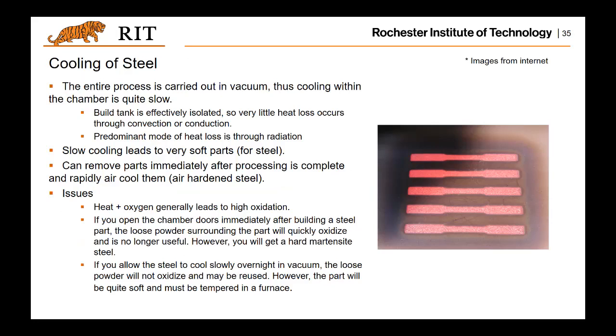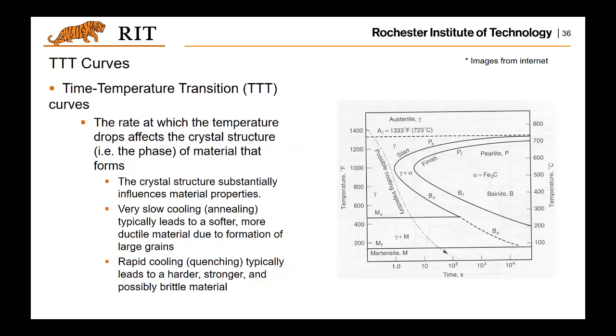On the other hand, a fast cooling will cause the part to be brittle and hard. So that will change the material property. The reason is the rate at which the temperature drops will affect the crystal structure of the material, and that changes the mechanical properties of the parts.